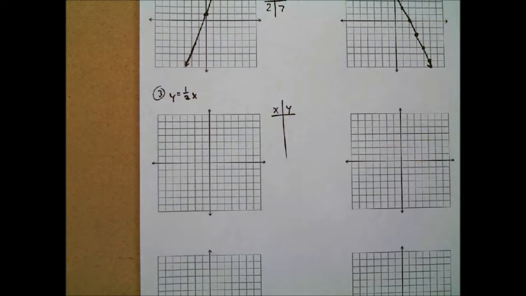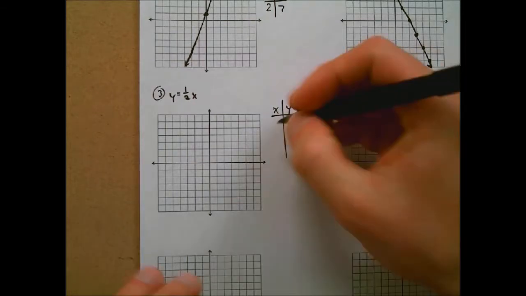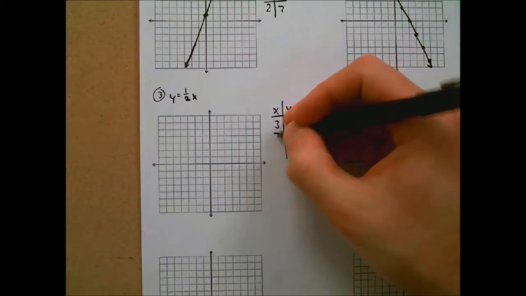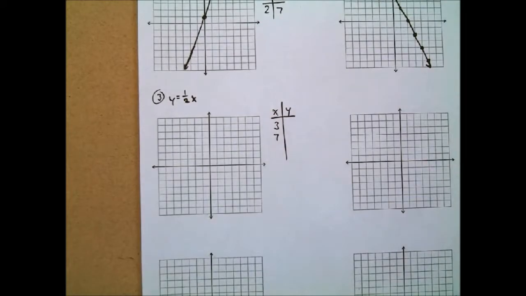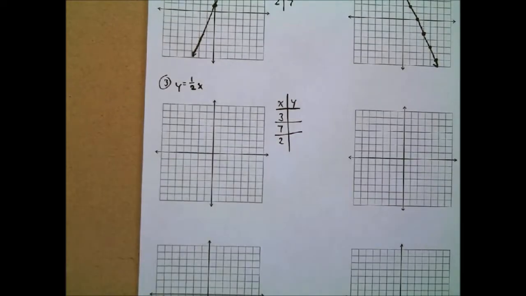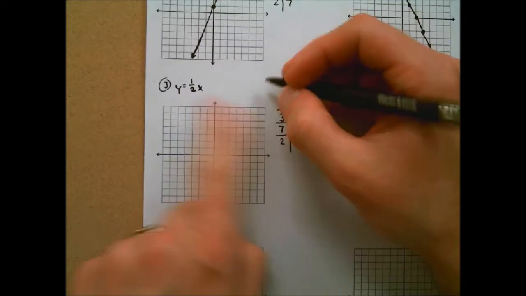Matt S., pick some X values for us here. 3. All right, let's pick some more X values. 7. Okay. 5. Let's pick some even ones, please. 2. Okay, we'll start with that. Let's plug in 3. Y equals 1/2 times 3.